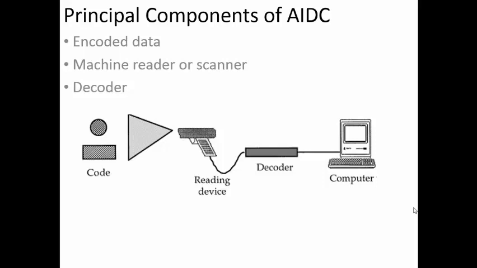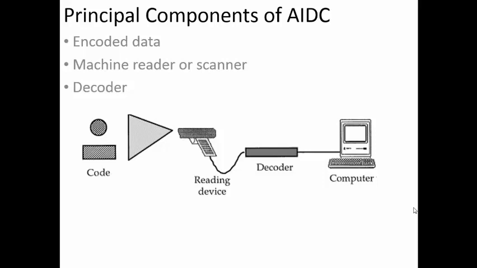The question is, why do we require encoded data? Because any kind of symbols cannot be read by the reading devices. They have their own limitations based on several factors. If it is a highly dust prone environment, then we cannot use light based devices; we have to use something else. If we want to capture data from a distance, again we cannot use all kinds of systems.